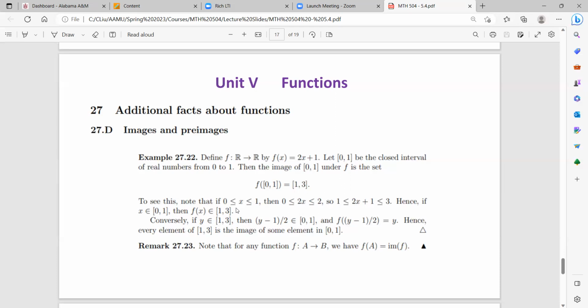So that's just one part of it, and then you can easily check that if y is any number between 1 and 3, then y minus 1 will be from 0 to 2, and you divide by 2, so that'll be from 0 to 1. You can use the same inequalities, the same procedure. Then you can see that (y - 1)/2 is from 0 to 1.